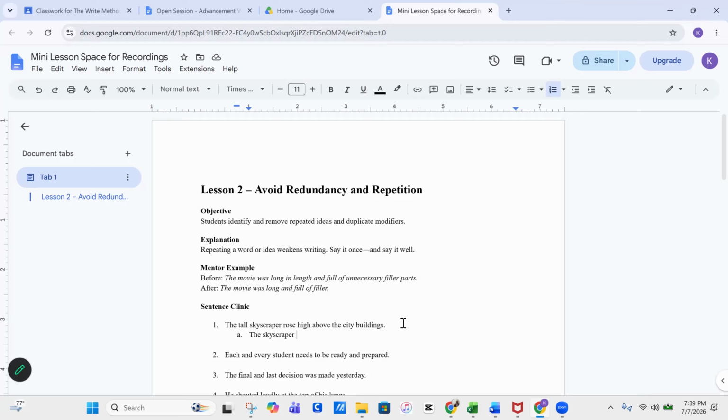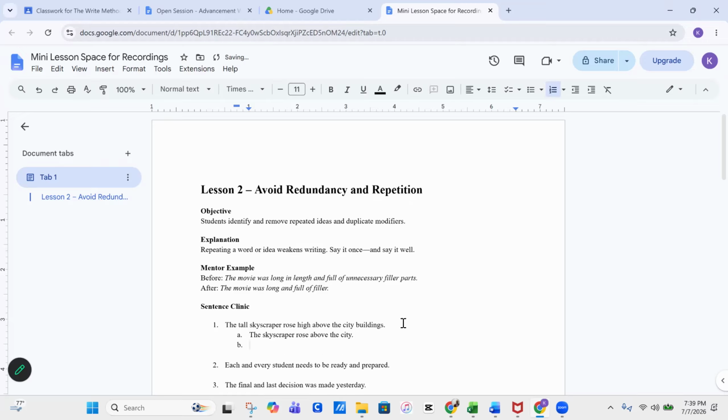Now, if you're not sure how to do this, why don't you just take one word at a time? Rose above the city. That might be one way to do it.